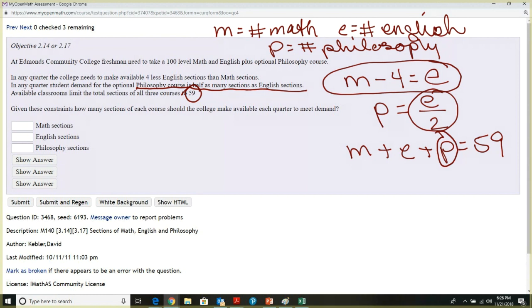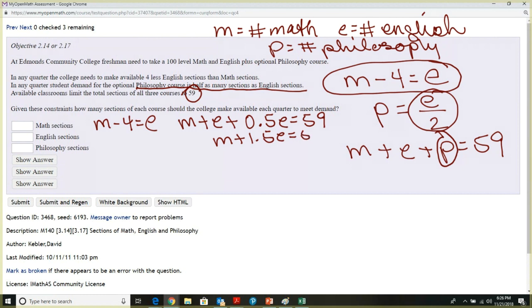So if I say, okay, here's my first one, M minus 4 equals E. My second equation is going to be M plus E plus, well, philosophy is half of English. So 0.5 English is going to equal 59. You see? So M plus 1.5 E equals 59. So now I have 2 equations in just 2 variables.